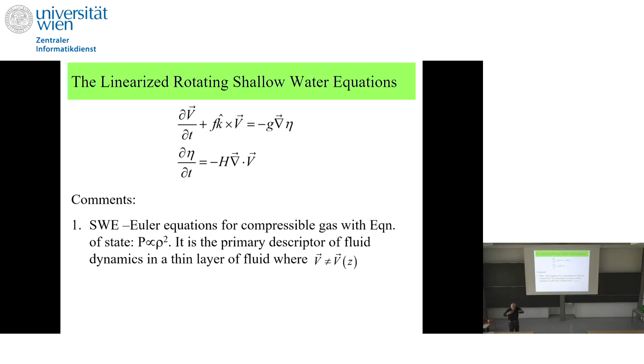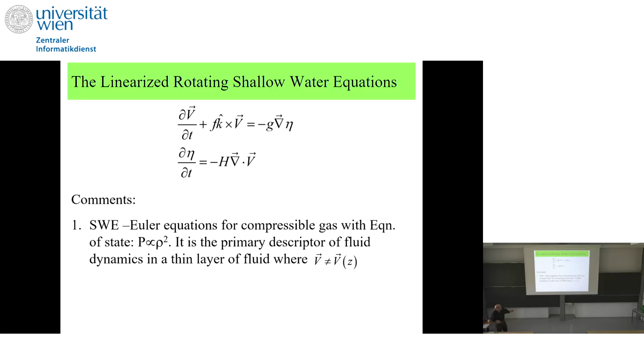So P is like the integral of rho, and therefore P is proportional to rho squared, up to a factor of 2. But if we knew how to solve Euler equations for a compressible gas with this equation of state, we probably would have had much better life with our linearized shallow water equations.